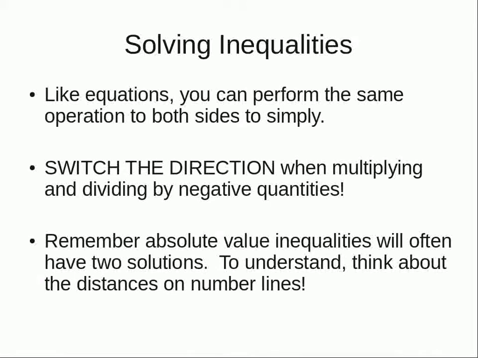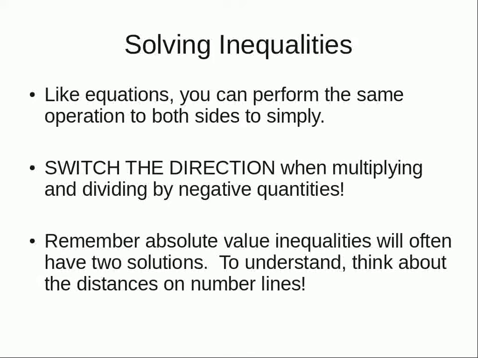If the inequality has a less than symbol, when you multiply or divide by a negative quantity, you have to turn that less than symbol into a greater than symbol. And vice versa. If you have a greater than or equal to symbol, if you multiply or divide by a negative quantity, you have to change it to a less than or equal to symbol. Get the idea? Please make sure that you understand that.